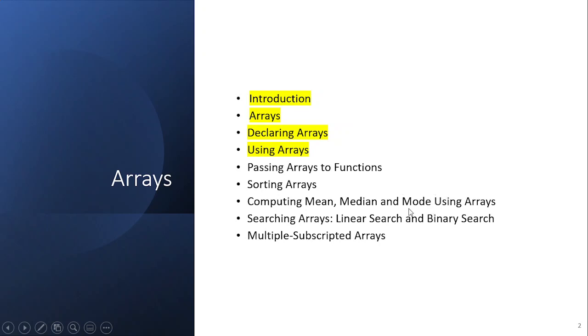Mode can also be found very easily if we have a sorted array, where we can find the elements that appear most frequently. We'll also try to look at algorithms for searching arrays. This may not be possible in this lecture, and we might need another lecture to complete all these topics. In the end, we'll also talk about multi-subscripted arrays.